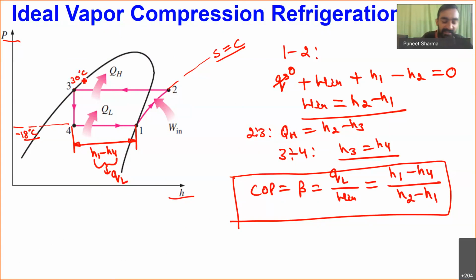So my state 3 is at 30 degrees Celsius and state 4 is at minus 18 degrees Celsius. While I am doing the expansion inside this throttling device, at some point I will have a temperature of 25, at some point 10, at some point 0, and at some point, say, minus 10 degrees Celsius.